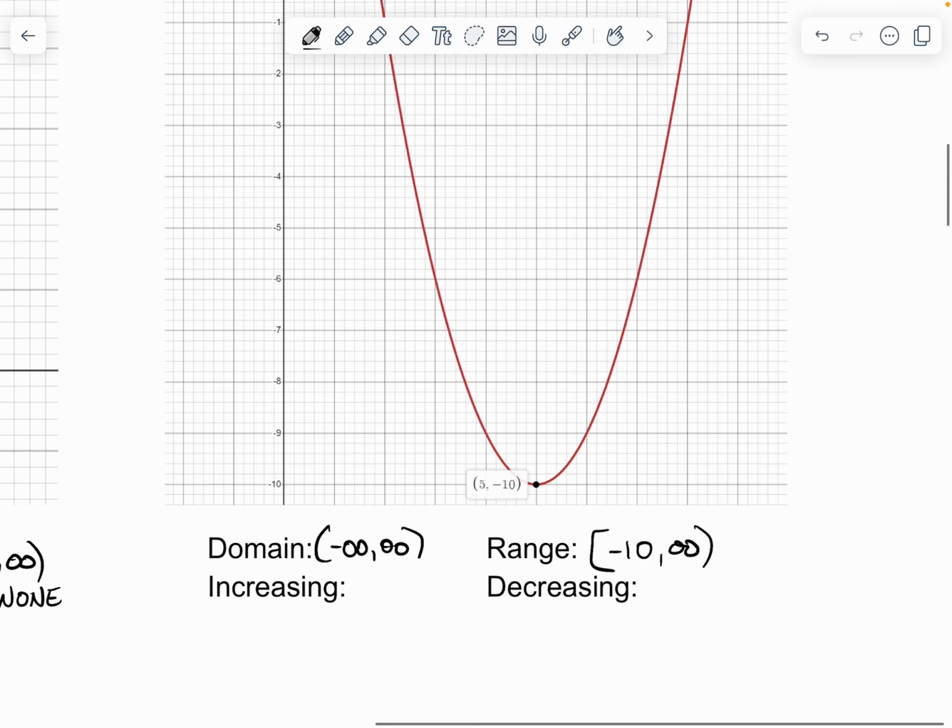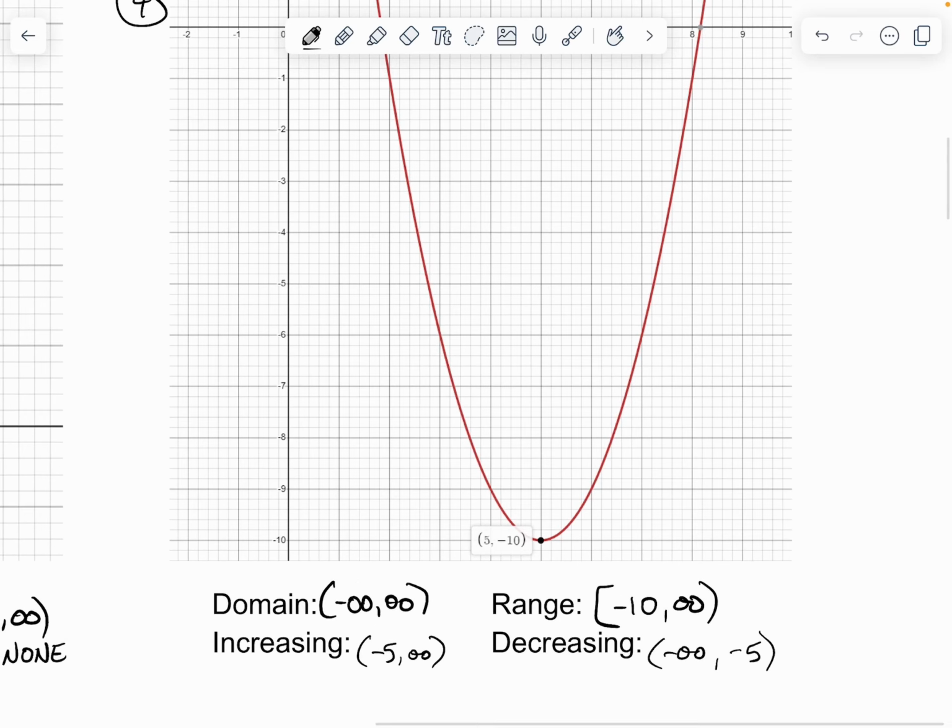At x equals negative 5, it stops going down. It reaches its lowest point. So our graph is decreasing from negative infinity up until the point x equals negative 5. And then because it jumps back up and goes in the positive direction, it's increasing from negative 5 to infinity. Okay?